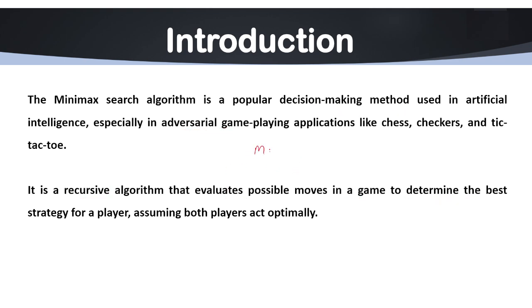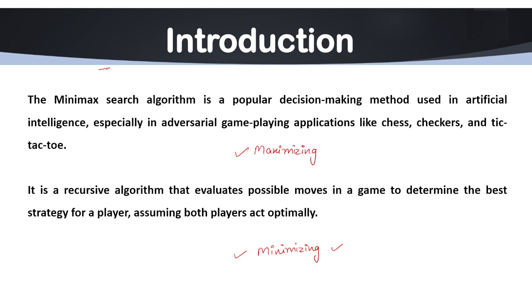We have two types of player here. First can be your maximizing player, or another can be the minimizing player, that is your opponent. Okay, it alternates between maximizing and minimizing values as it traverses the game tree.